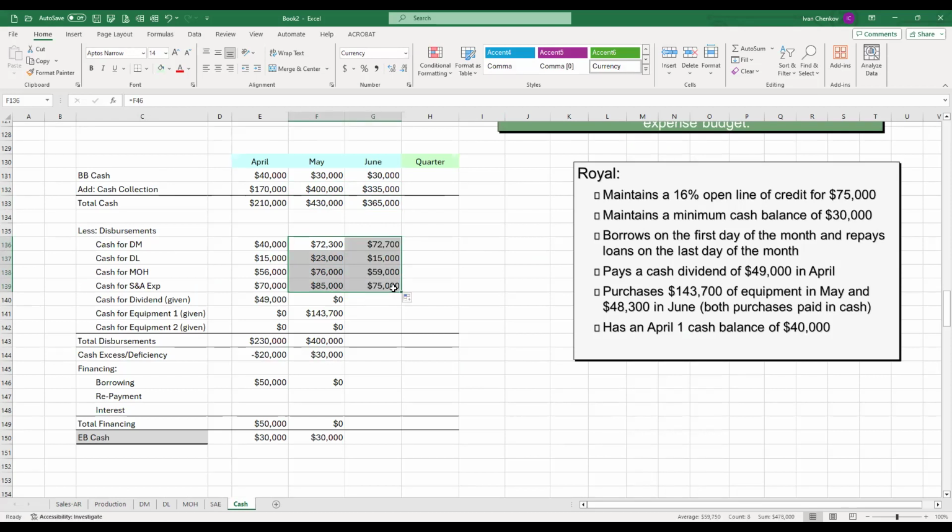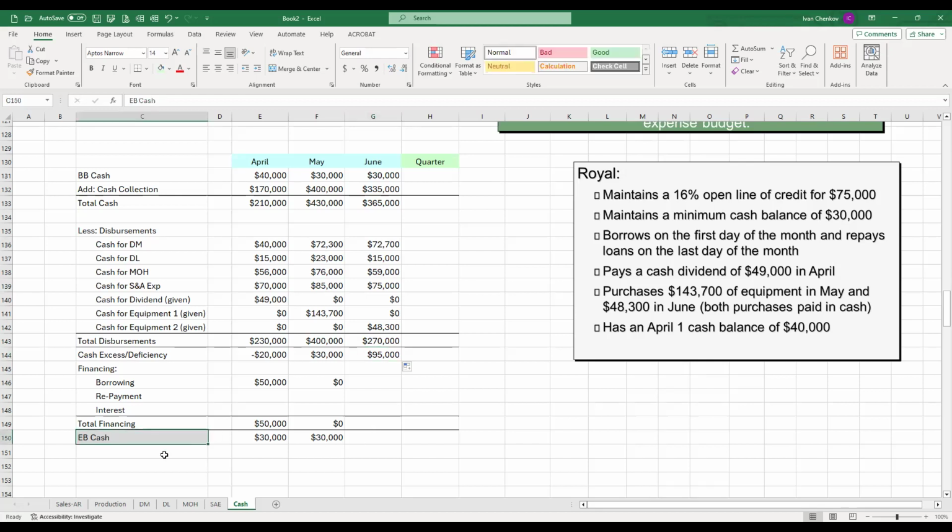I'm just gonna drag it. No dividend. First equipment, we already purchased it. For the second equipment, we're gonna spend 48,300. In total, we're gonna spend 270, and that's gonna give us excess of $95,000.